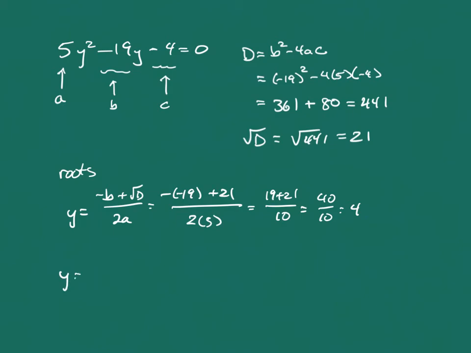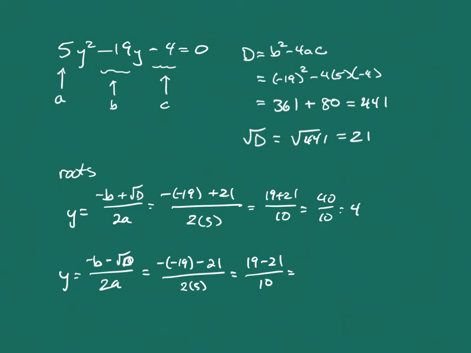For the other root, we have negative b minus the square root of d over 2a. And so that's going to give us, again, the negative of negative 19 minus 21 over 2 times 5. So that's going to give us 19 minus 21 over 10.